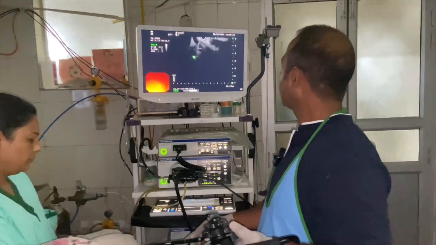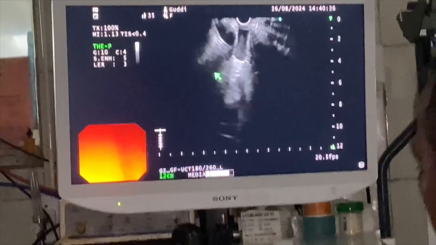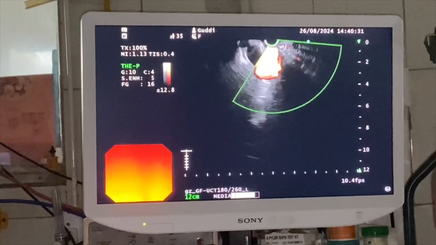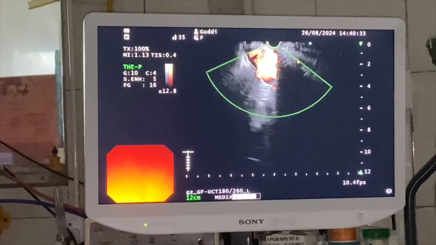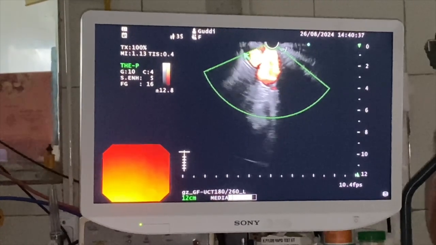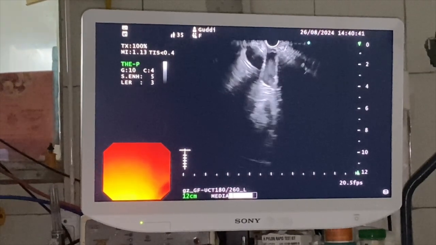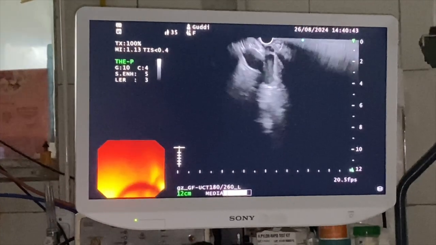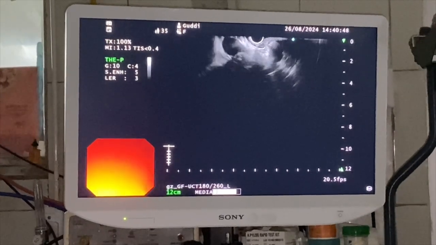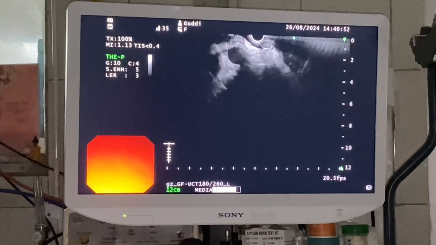The structure which is very close to the probe is the portal vein. This is the portal vein. This is the portal vein. So what we are going to do, we are going to trace the portal vein into the intrahepatic course.